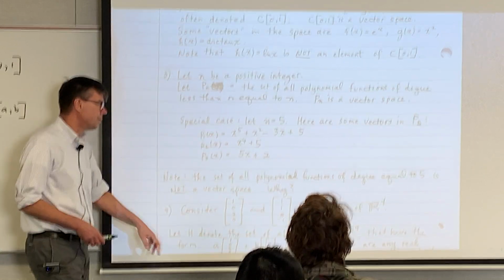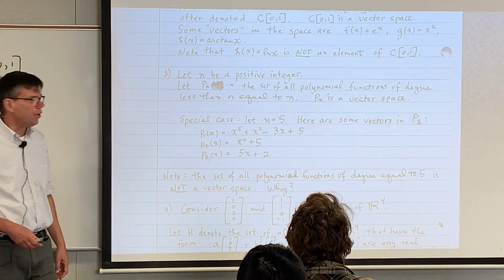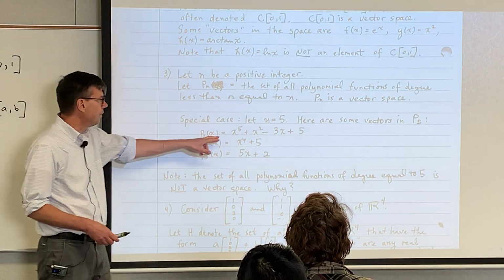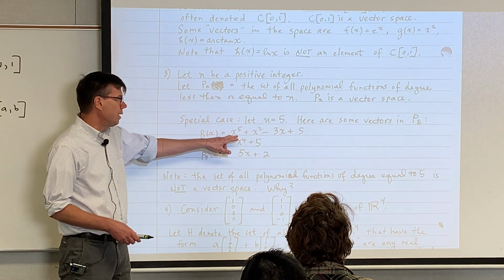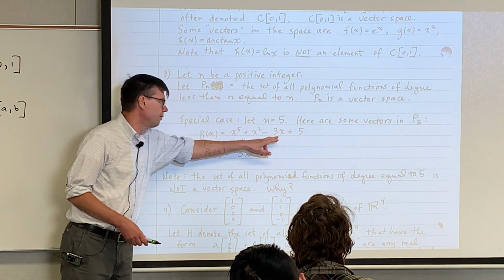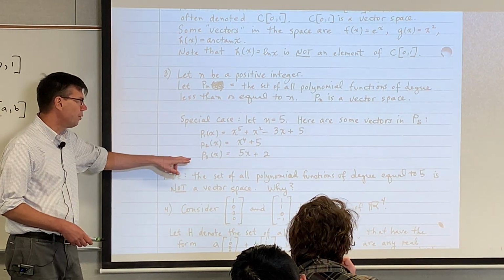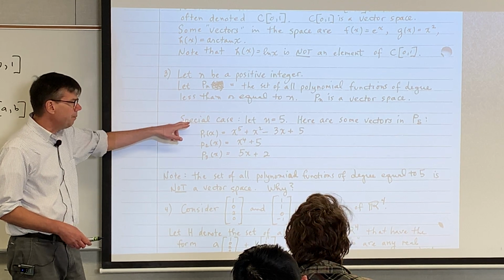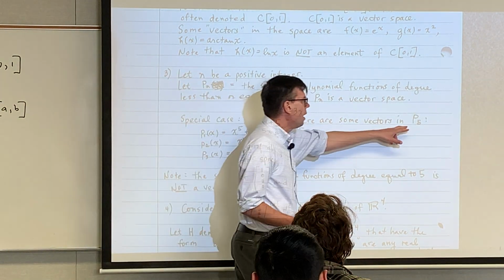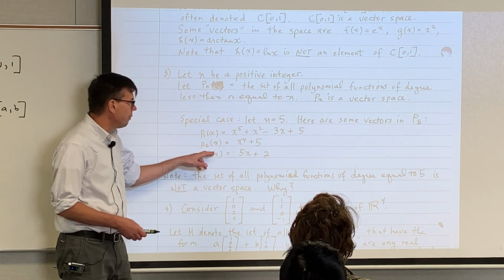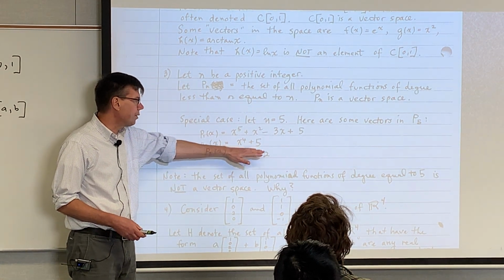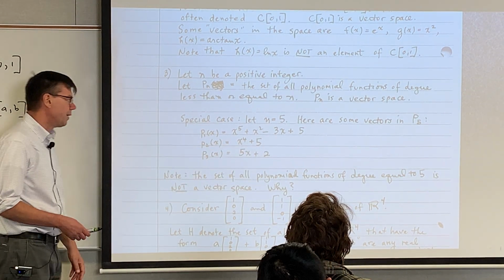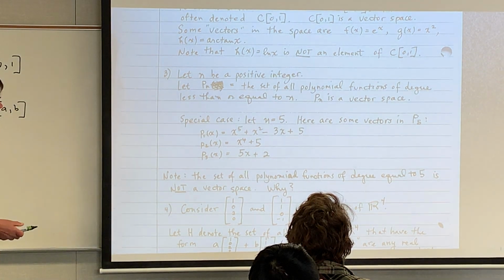I just didn't want to use the letter P over and over again for different functions, so I don't mean for that to be confusing. So that's a typical polynomial of degree 5. But the capital P sub 5 includes polynomials of degree less than 5, so x to the 4th plus 5, even linear functions, 5x plus 2.